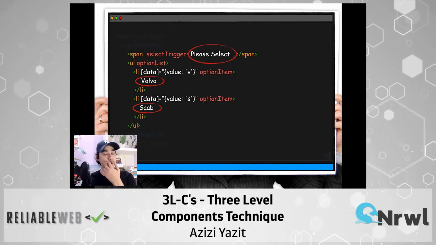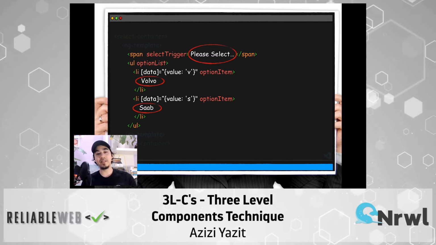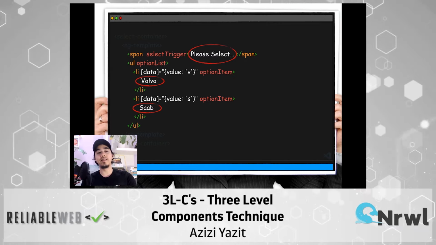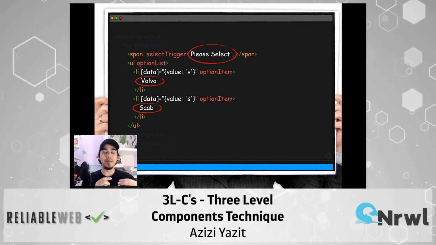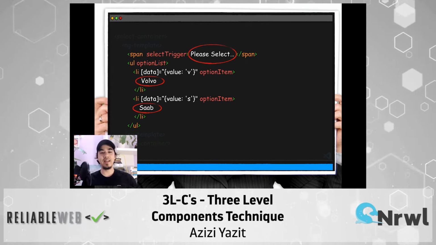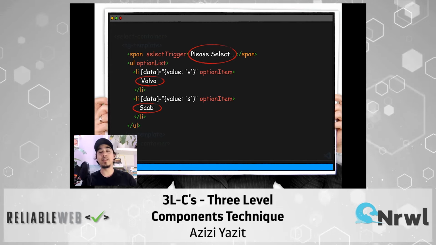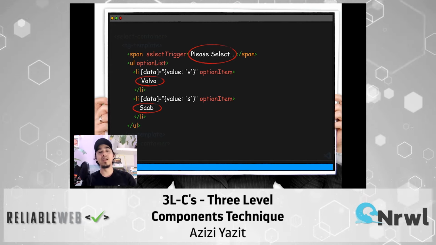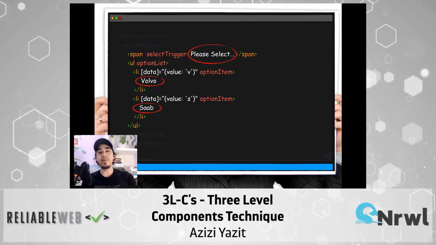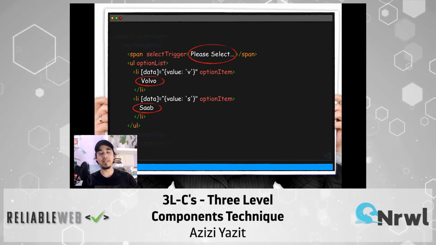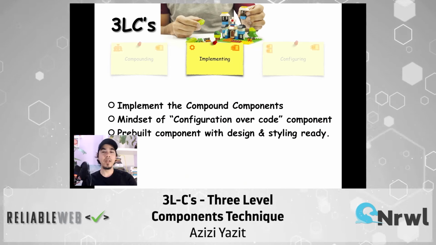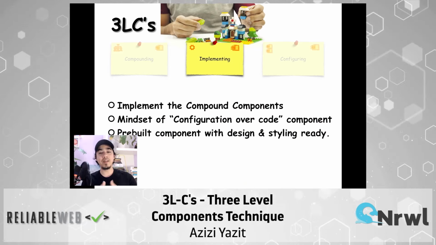When the complicated things have been abstracted away from you, which is the code for handling the UI behavior and the UI logic, then at the next level of the technique, the work you need to do involves the rendering part, or the rendering body, of each of the compound components.